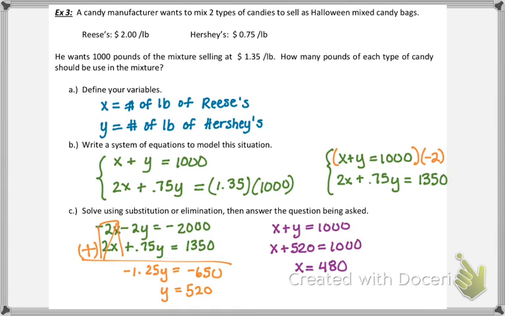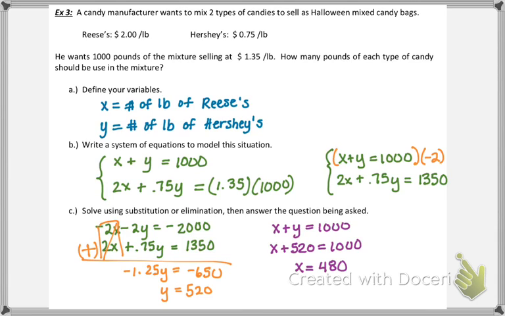To answer the question, in any word problem, you have to answer the question that's being asked. So interpret your algebra, and if you're not sure what x and y stand for, go back and look at how you defined your variables, because you already defined that at the beginning.